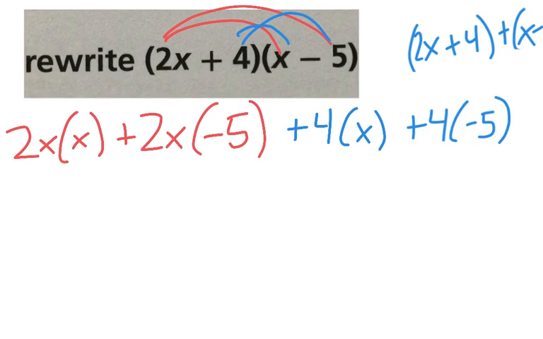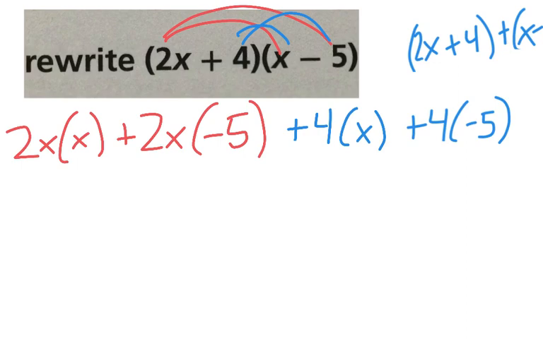What they mean by that is you're going to multiply the first terms by each other. So I'm multiplying the 2x by x, that's first. Then we're going to multiply the outside terms. So what are the ones on the outside? 2x and negative 5. Then we're going to multiply the inside terms. Then we're going to multiply the last terms in each parenthesis. First, outside, inside, last. Okay, that's done.